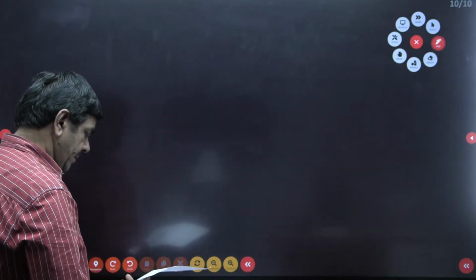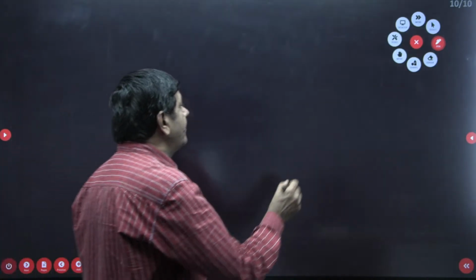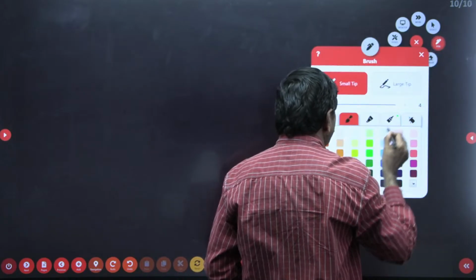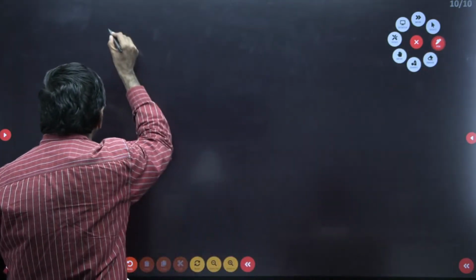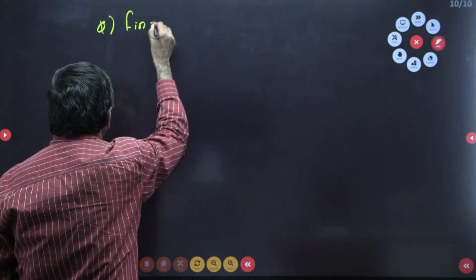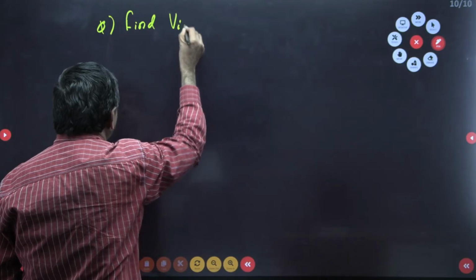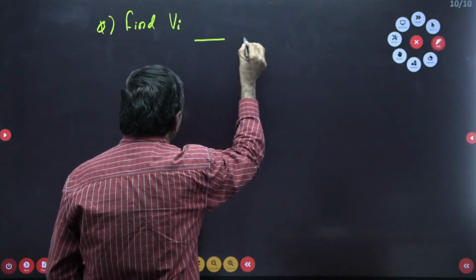The next question is, find VI. It is asking to find VI, the input voltage. The network is given like this.